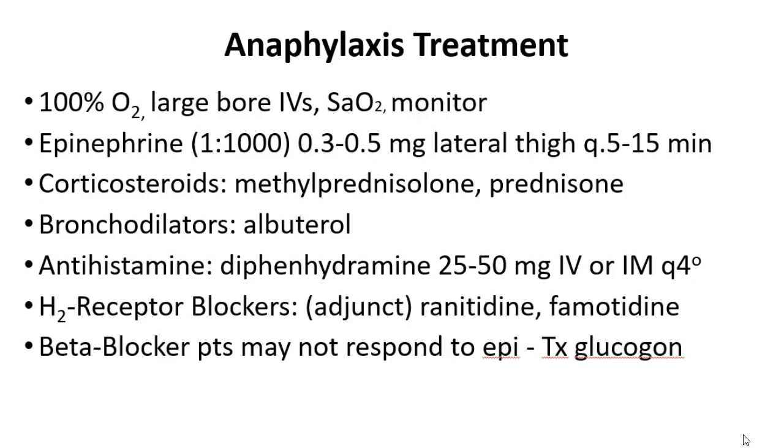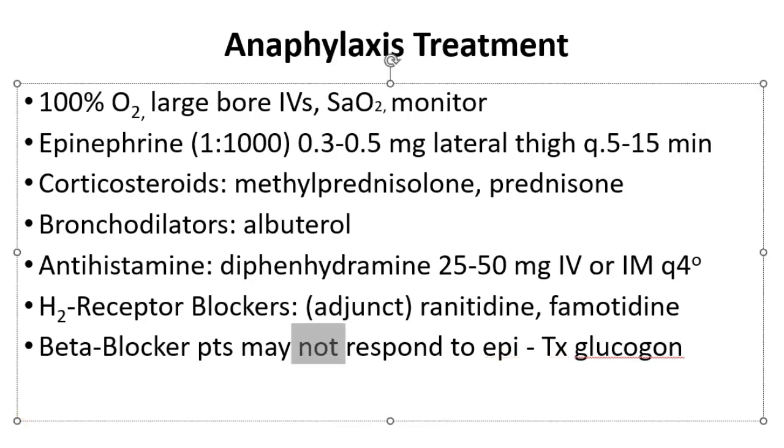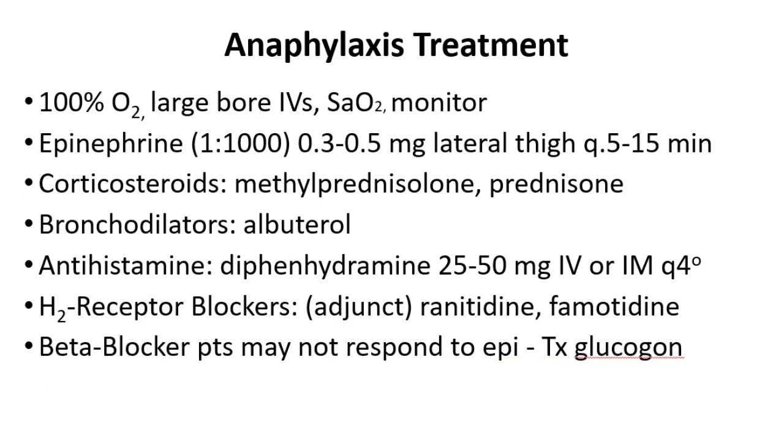Here's a list of medications. Remember the H2 blockers, those are adjunct treatment. So ranitidine and famotidine, which we are used to seeing under the PPIs and H2 blockers for stress ulcer prevention, can also help here by blocking histamine. And just a little aside here is that people on beta blockers may not respond to epinephrine, and if that's the case, then glucagon would be the treatment.